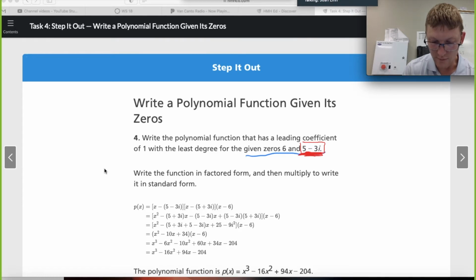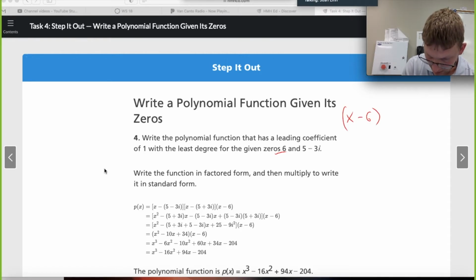If you can get that in your head, that might make some of this make a little bit more sense as we go. So anyway, we've got our first zero is 6, x minus 6. Then our second zero is x minus 5 minus 3i.